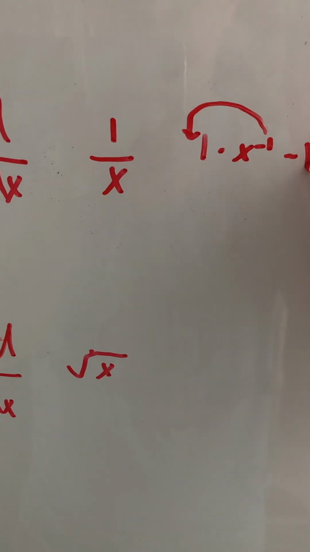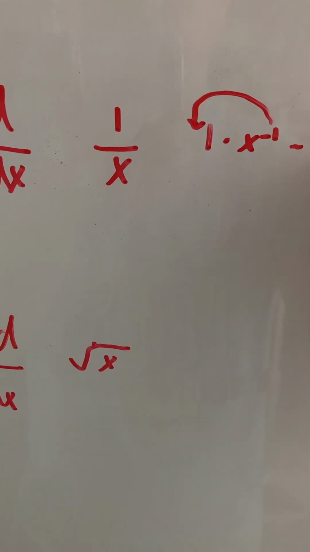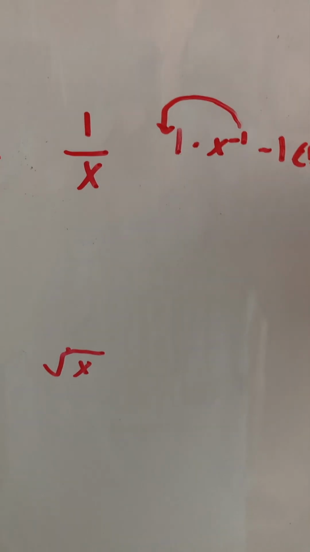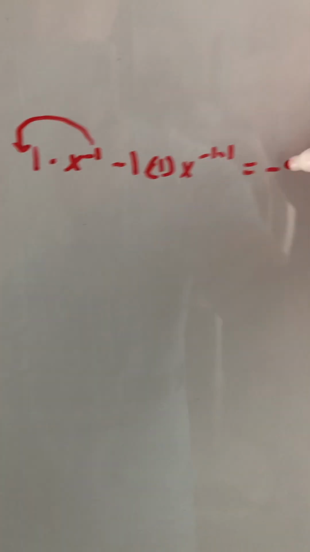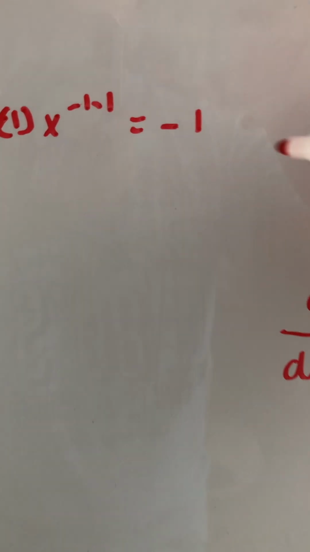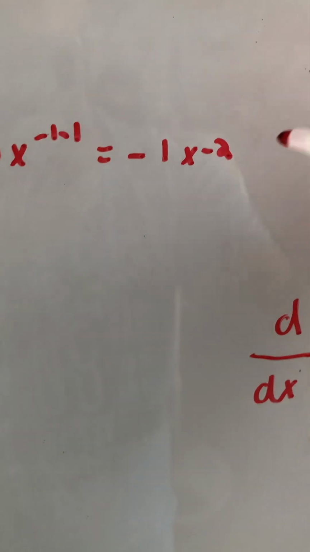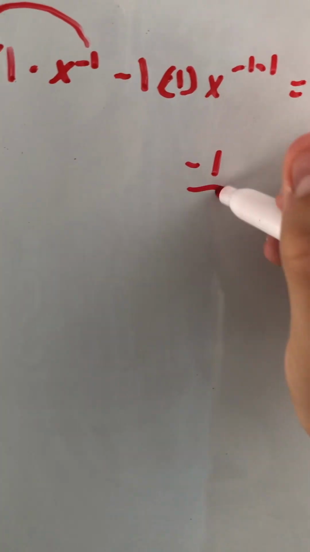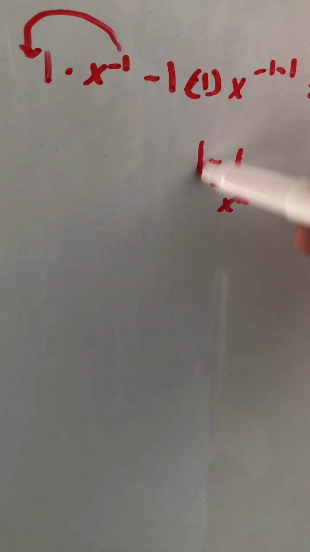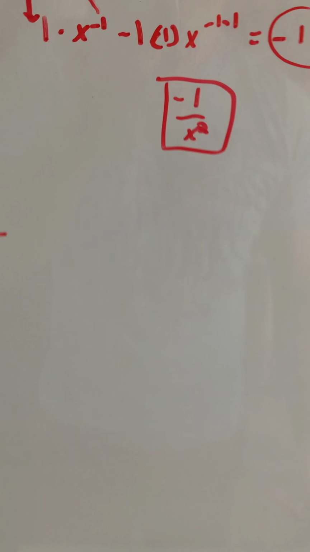So it's going to be negative 1 times 1 x, and it's going to be negative 1 minus 1. So this is going to be negative 1 x to the negative 2. Then I'm going to convert this back to its fraction form, because you need to put it in that form. So it's going to be negative 1 over x squared. That's going to be the final answer for that one.